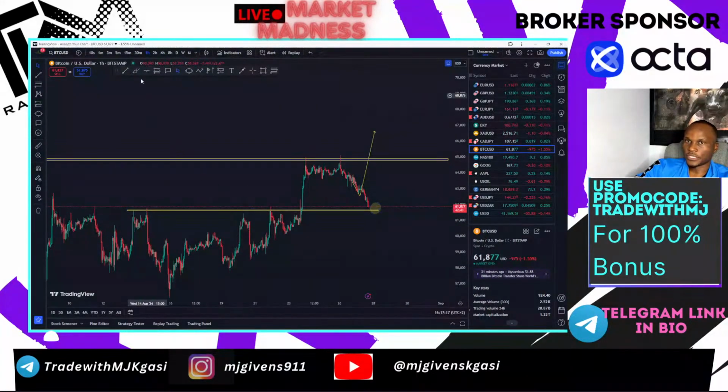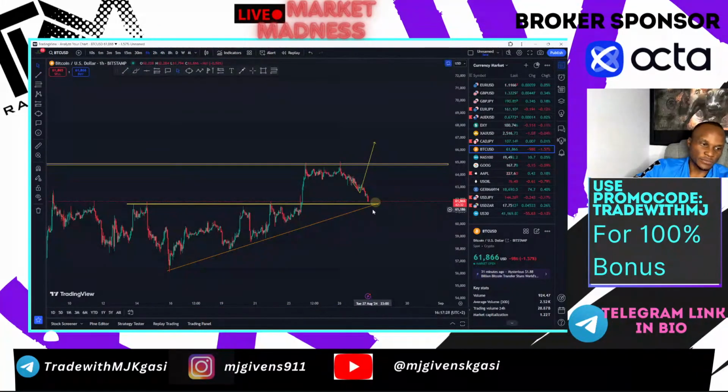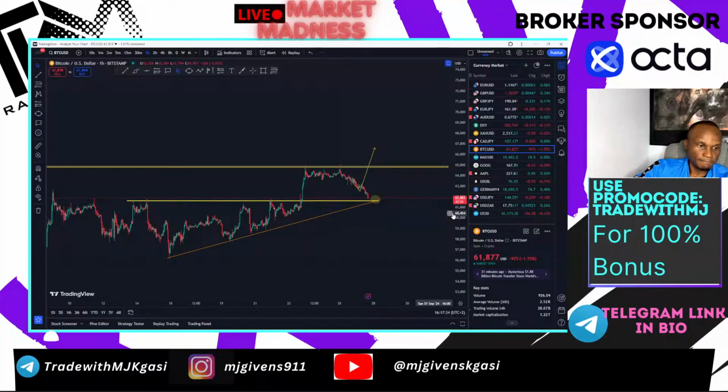This is a good potential buy, but also be careful of the fact that this thing can have a trend line that goes like this, and yeah, you just need to be careful there.